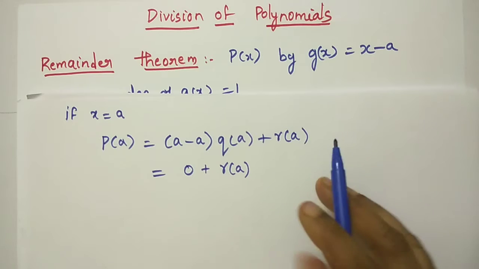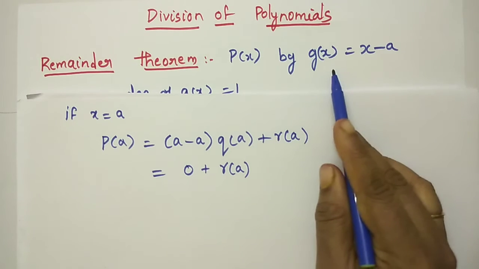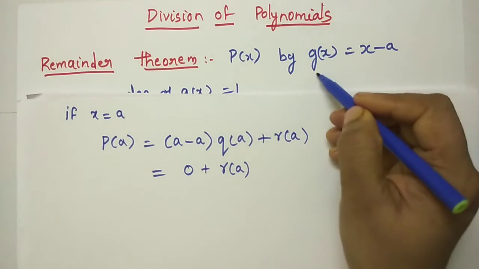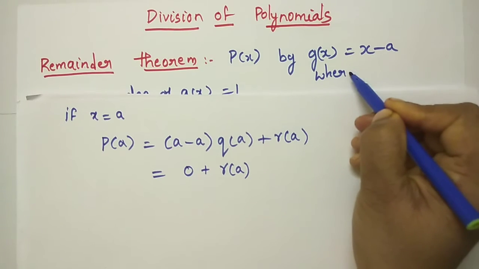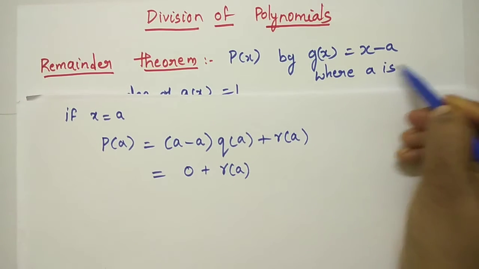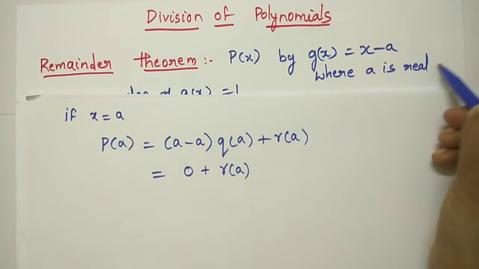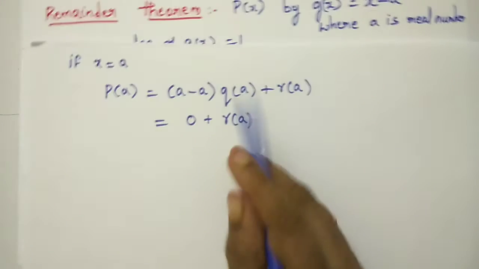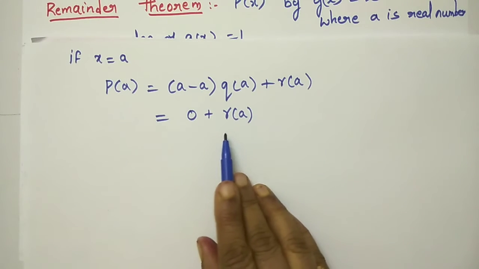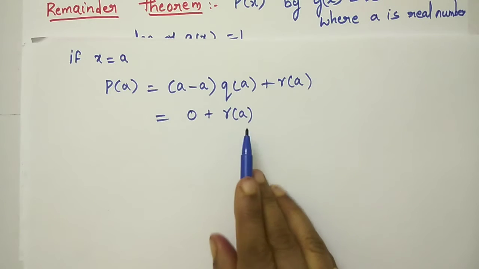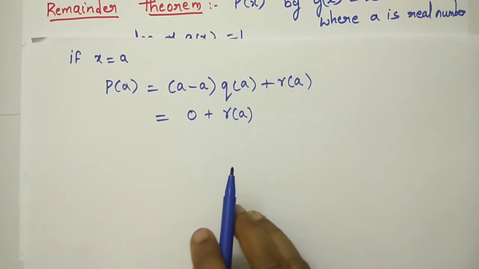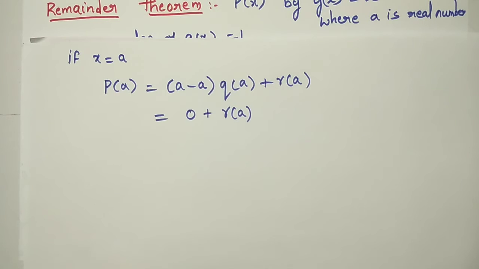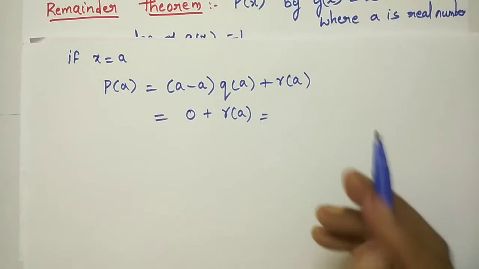In the given polynomial g of x equal to x minus a, a is a real number. As a is a real number, the remainder r of a will also be a number, which is nothing but a constant.